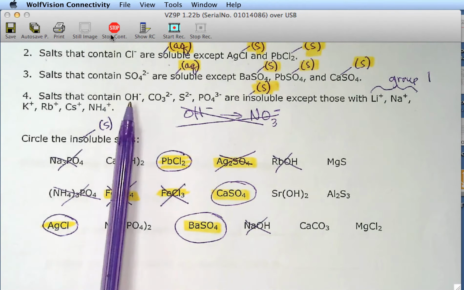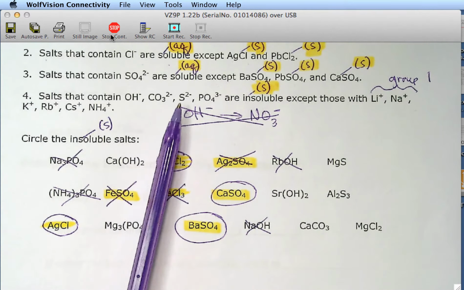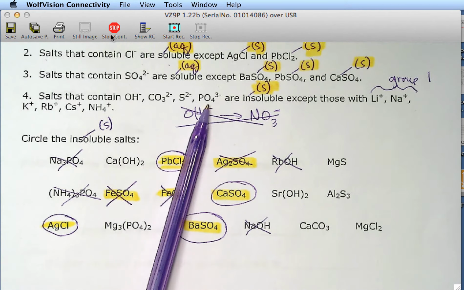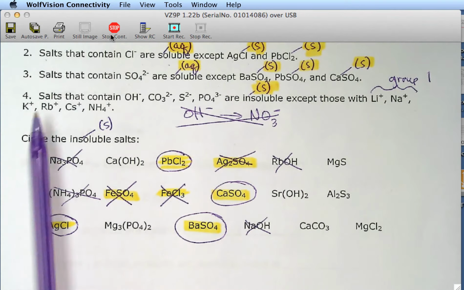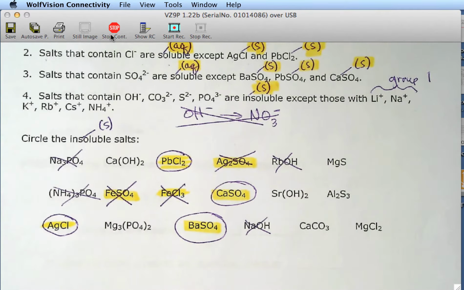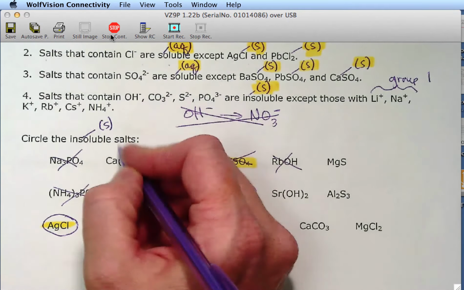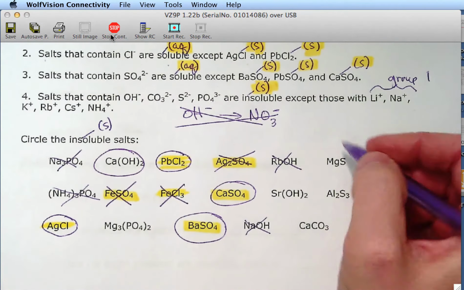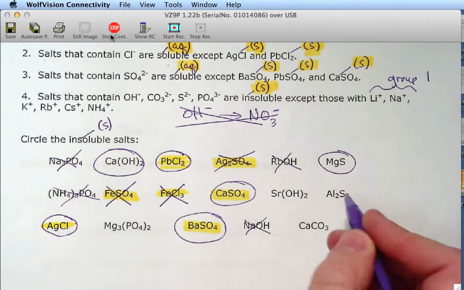Salts that contain hydroxide, carbonate, sulfide ion, or phosphate are insoluble except those with group 1 or ammonium. So we already went through and got rid of our group 1 and ammoniums, right? So this is going to be insoluble. This is going to be insoluble.